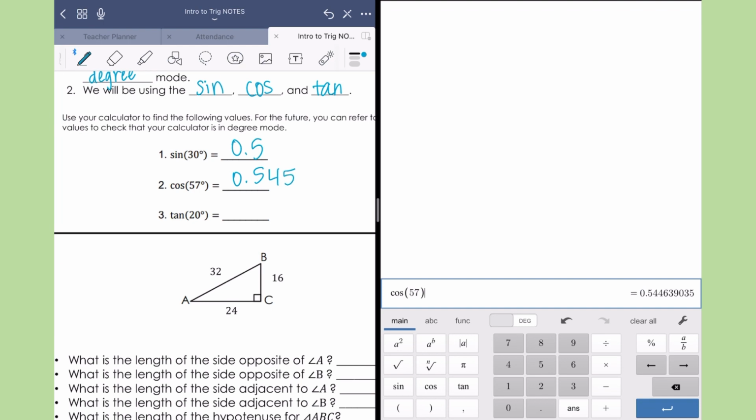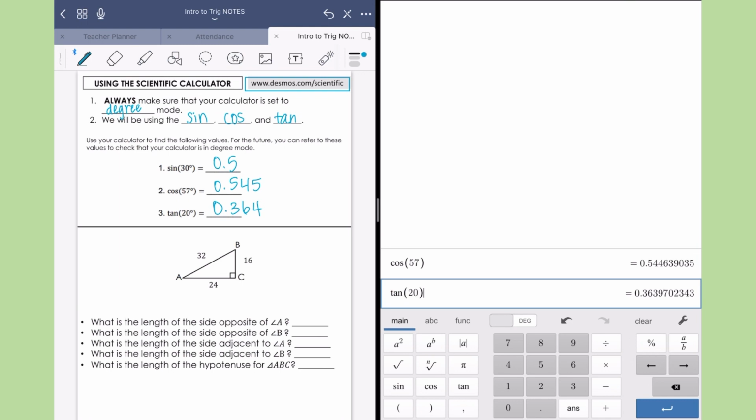So 0.545. Okay. And then tangent of 20. I'm just going to press another one. So tangent of 20 degrees is 0.3639. So that's going to go up to 4. Okay. All right. So this is how we use the calculator.